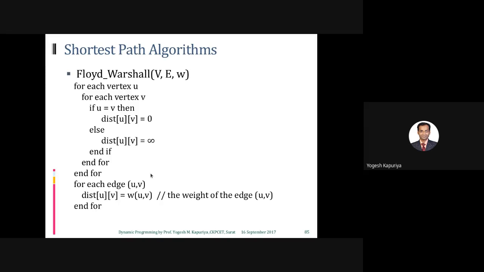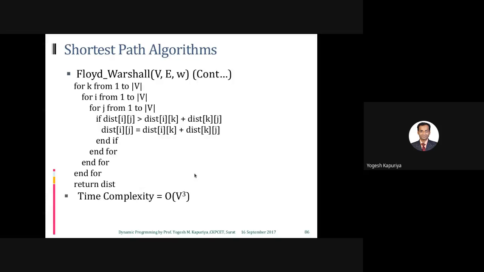Obviously, you have a weight associated with every edge, some source vertex and some destination vertex, so this is u and v. What I'm interested in is updating the values of the distance matrix using the weight values. So that's what we are doing in this for loop.